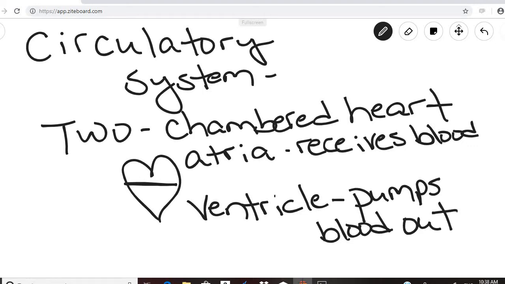So once the blood has picked up oxygen, then it gets returned to the atria, then it flows into the ventricle, and the ventricle is what pumps the blood out of the heart, so that it then gets transported through arteries throughout the body.